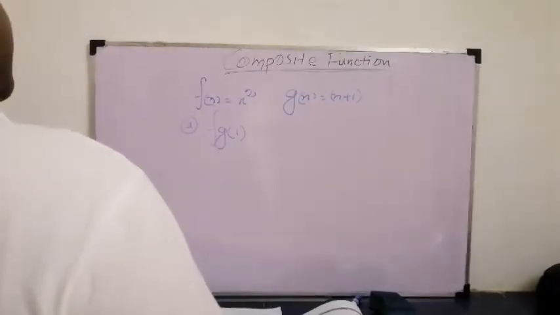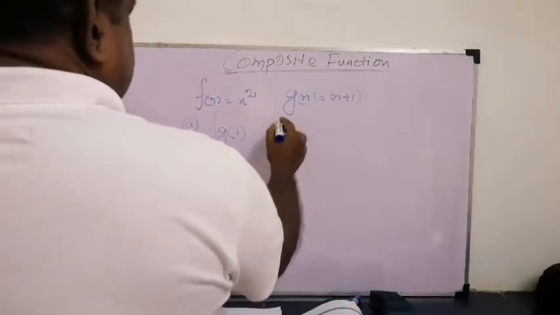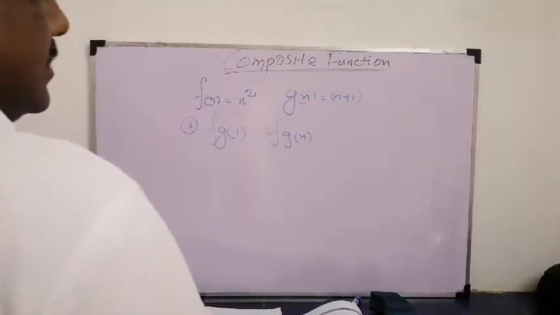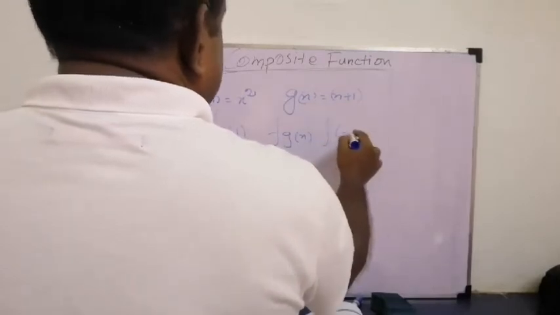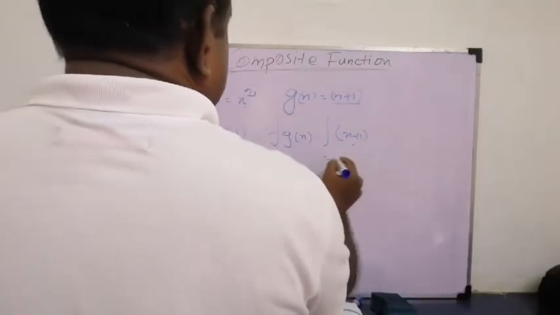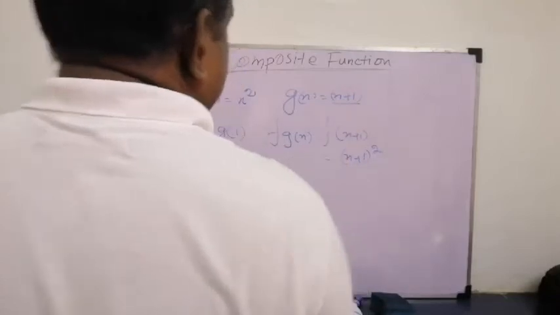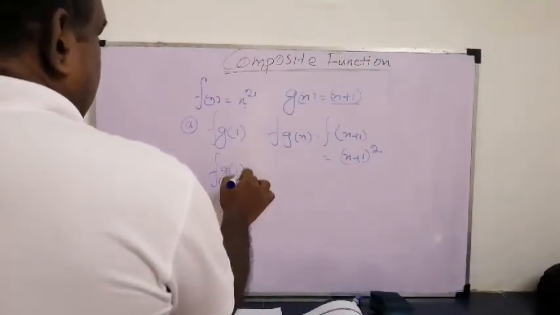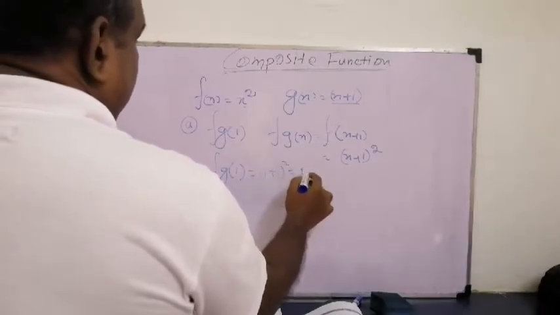So first we have to find f into g(x). We know that f into g(x) is the function. I substitute now: it's going to be (x plus 1) all squared. So f into g into 1 is going to be (1 plus 1) all squared. It's going to be 4.